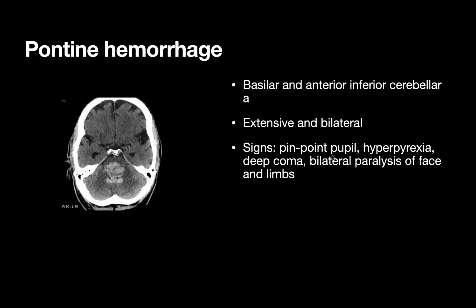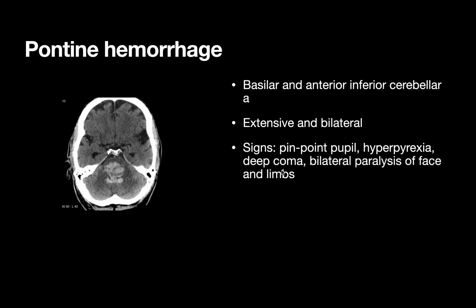When you shine a light in the patient's eyes and take it away, there's not going to be adjustment, right? Hyperpyrexia, the person's going to run a very high temperature due to the pons being unable to control the body temperature. Deep coma, because this is pretty extensive.